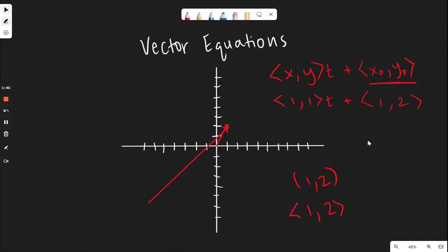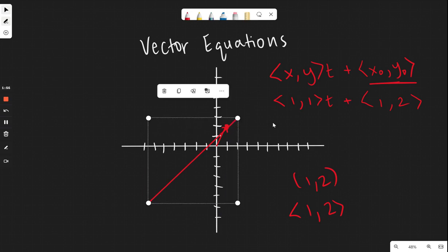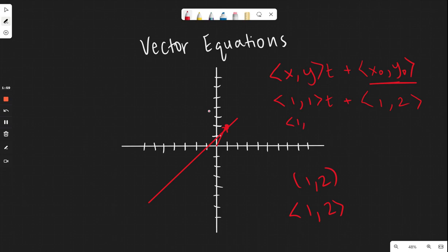The slope of the line is (1, 1), because when t is 1, we're going to be adding the vector (1, 1) to this point. That would look like (1, 1) times 1 plus (1, 2), which is equal to (2, 3). Which is what this point is, right?